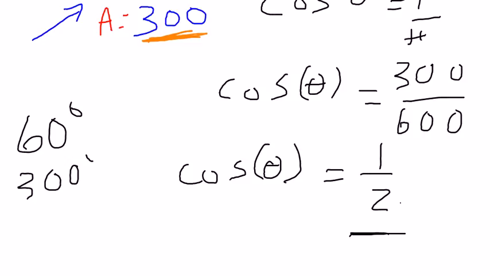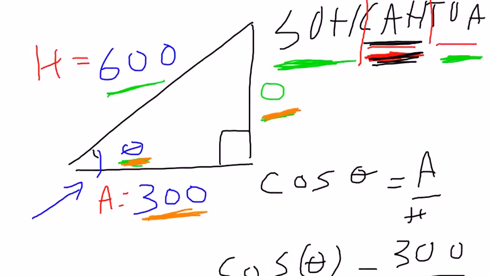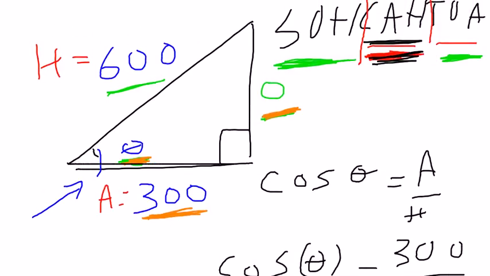So now we look back at our triangle. Which one of these two values makes sense? Well, you cannot have a right triangle. In fact, you cannot have a triangle at all if you have an angle of 300.